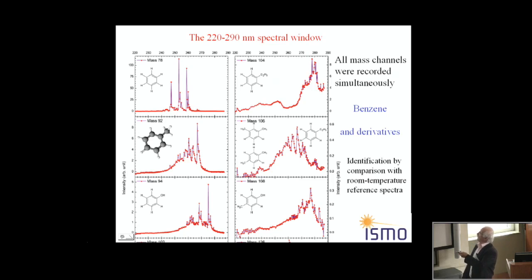Then you try to analyze the spectral shape on every mass. And that way you find the spectrum of benzene and a number of derivatives. These are all derivatives of benzene.